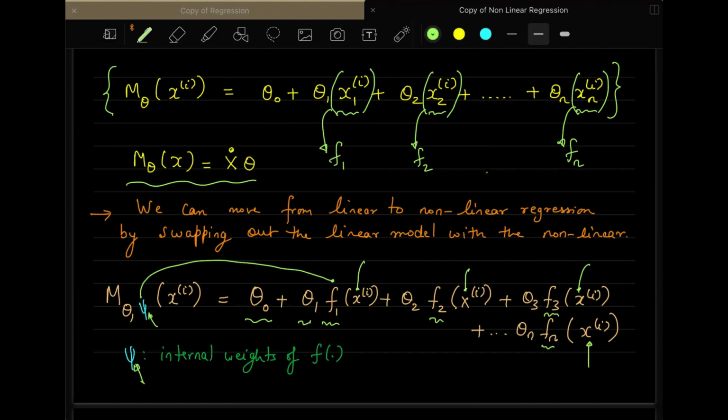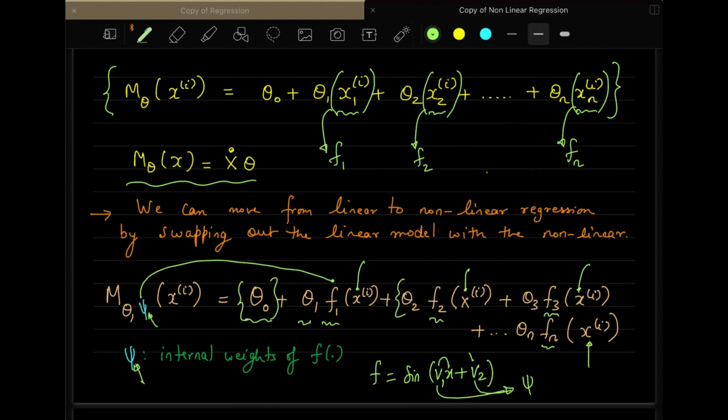Let us say your function f is sin(v1 x plus v2). You are actually multiplying with a constant v1 and adding v2. So this v1 and v2 are clubbed together into phi. That is what I am writing over here. They are the internal weights. These are the external weights.